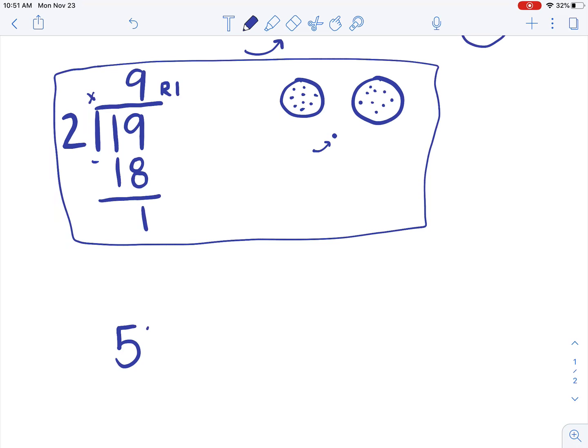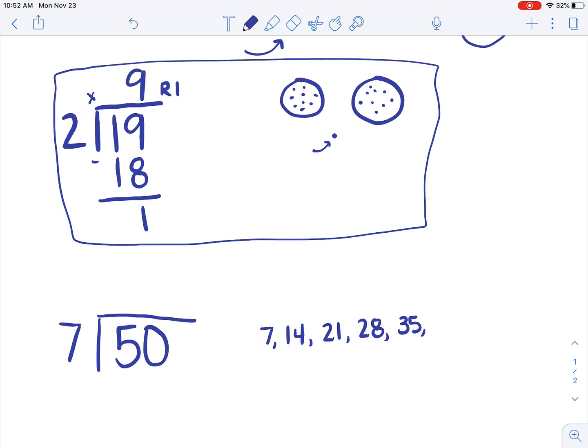Let's do 50 divided by 7. Now 50 is a lot to divide if I'm drawing a picture, so maybe we should just count by 7s up to 50 and see how far we can get without going over. 7, 14, 21, 28, 35, 42, 49.